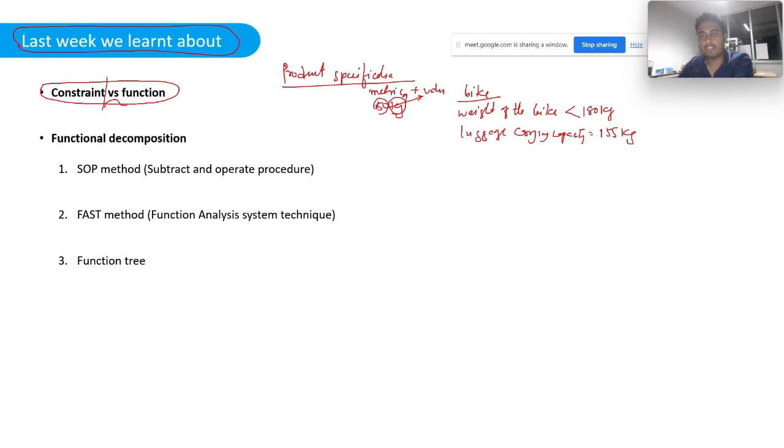Tell me, which among these two is a constraint and which is a function? Both are product specifications, but during design you consider one of them as a function and one of them as a constraint.